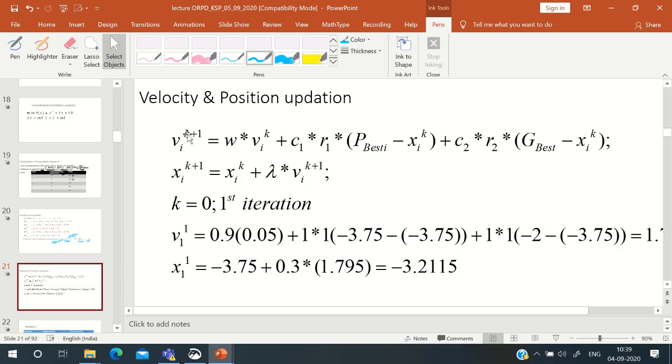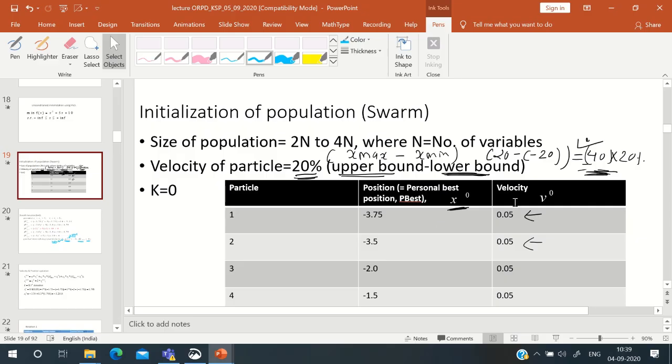So for the first particle, v1 superscript 1, k is equal to 0. The step length of the first particle at the end of first iteration is equal to omega, I have considered 0.9, into V i k, v1 superscript 0. So what was the velocity of the first particle in the 0th iteration? It was 0.05.